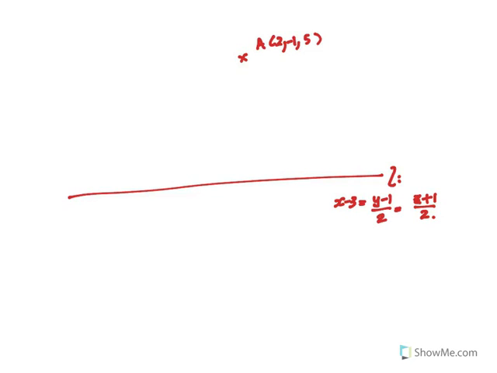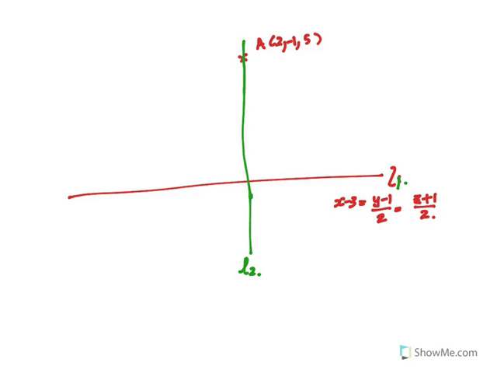So this line passes through A and is perpendicular to and intersects the line L. Let's call this line 1, and let's call this line 2. So we need to find the vector equation of line 2.